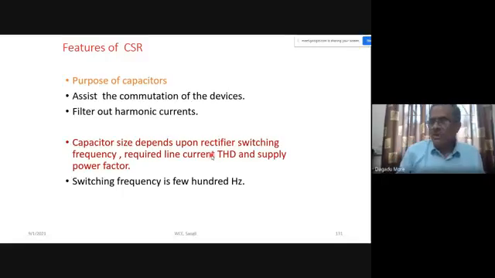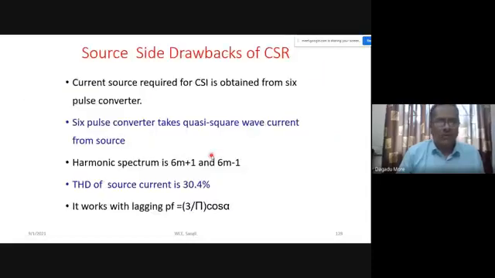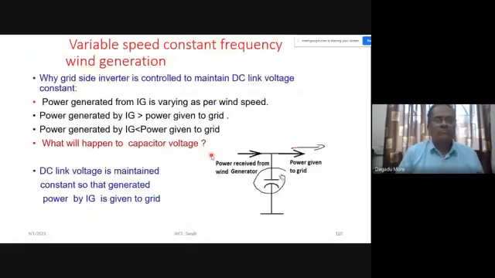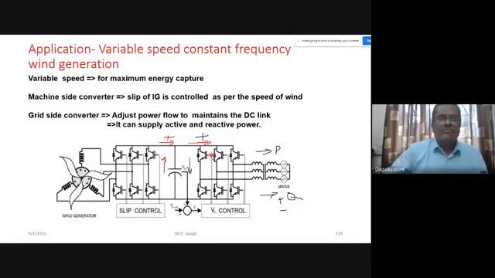So any questions on what we have discussed today? Today we discussed one application of the three-phase voltage source PWM rectifier, and that application is variable speed constant frequency wind generation. Here the machine currents are sinusoidal, and the current given to the grid is also sinusoidal, so no power quality issue.